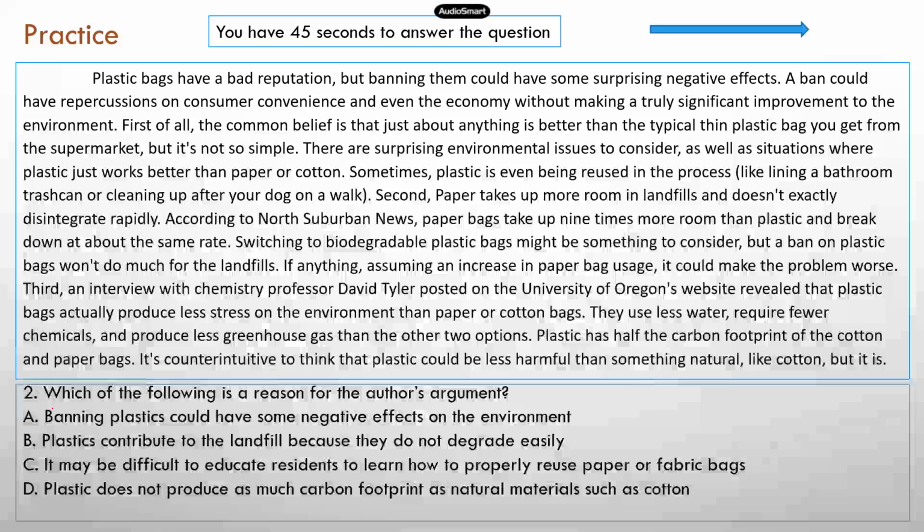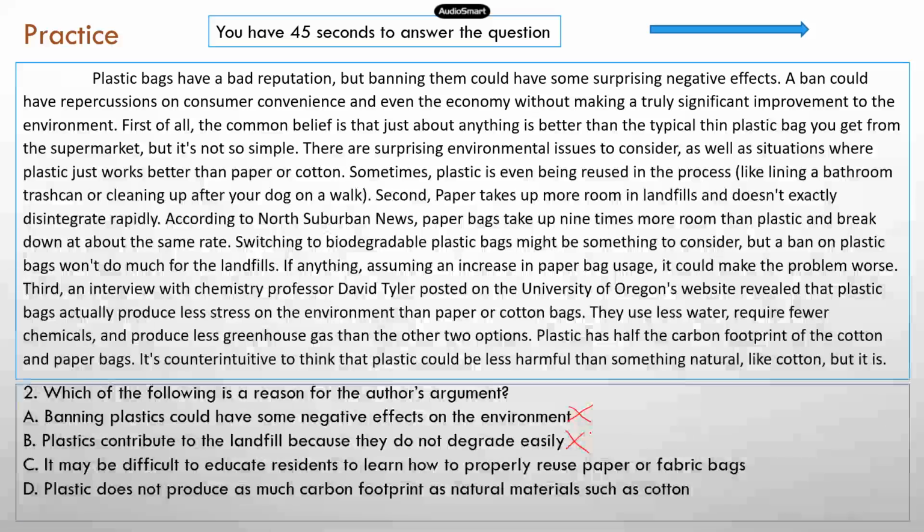So this question is about the reason for the argument. So is it A, banning plastics could have some negative effects on the environment? That's part of the overarching argument, right? So it's not one of the reasons. Is it B, plastics contribute to the landfill because they do not degrade easily? That could be a correct statement, but it's not what the author is talking about here, right?